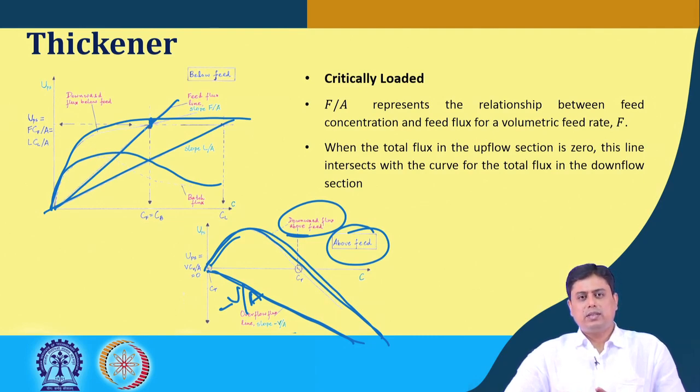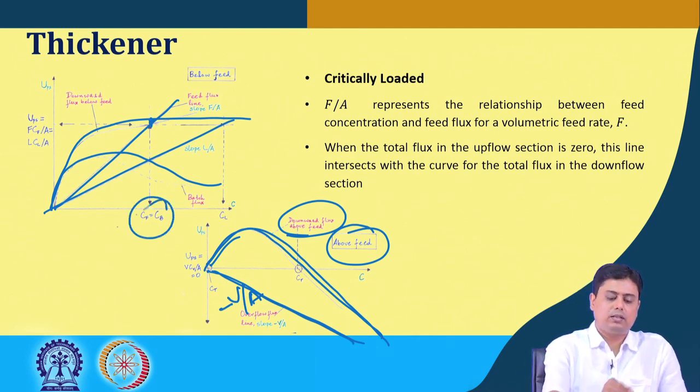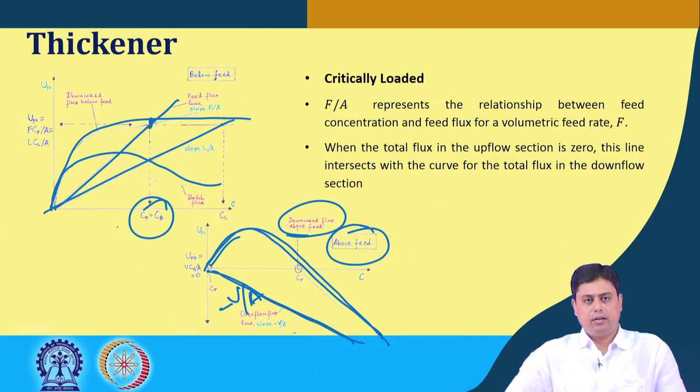So we say that this is a critically loaded thickener, and at that position this Cf, the feed concentration, is actually the overall bottom mean composition, which is Cb.